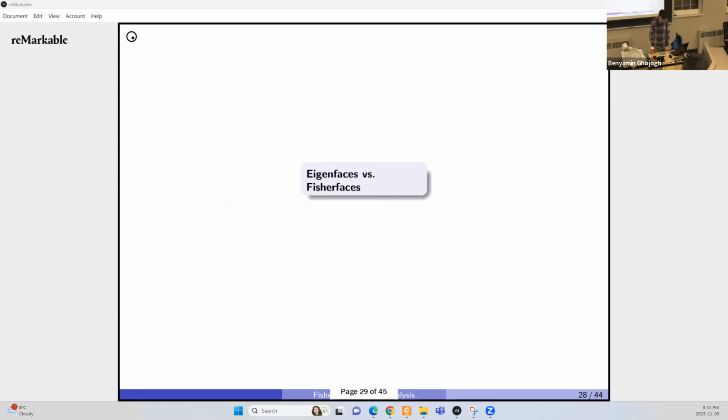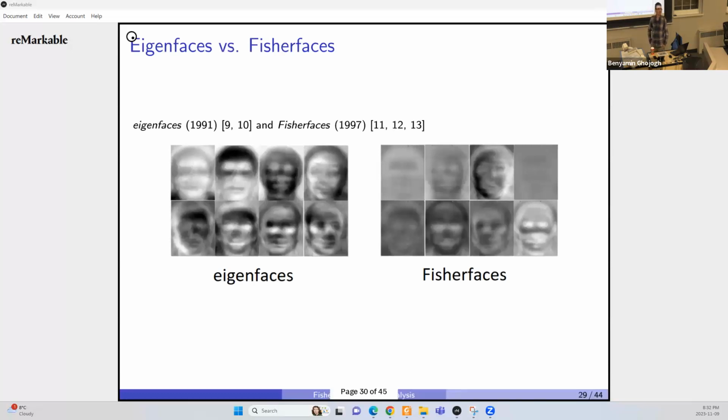Eigenfaces versus Fisherfaces. These are the ghost spaces that I was talking about. Assume I have some facial images. I have projection matrix U in PCA, and I have projection matrix U in FDA. Every eigenvector in U I can reshape to become an image again.